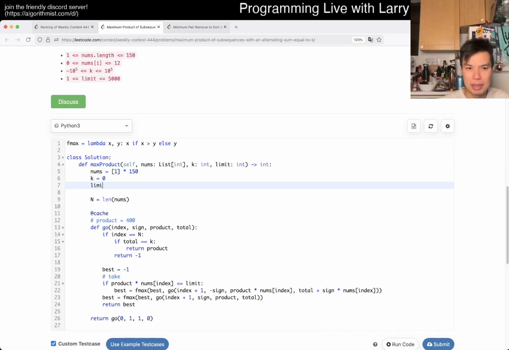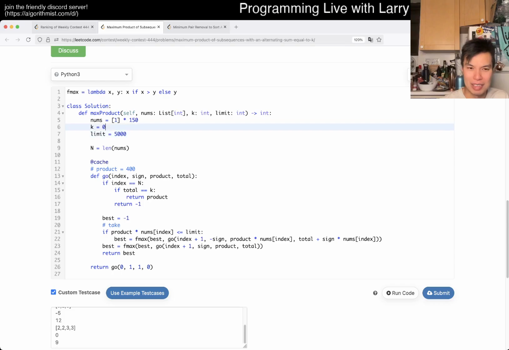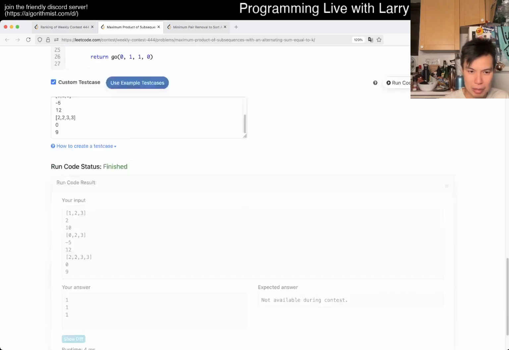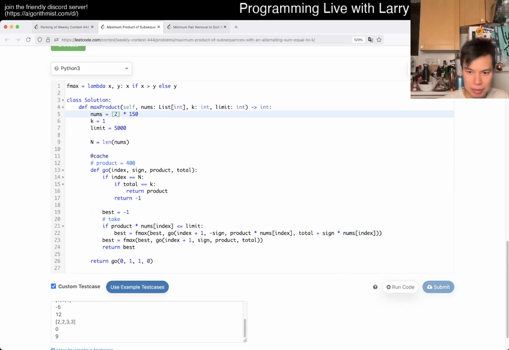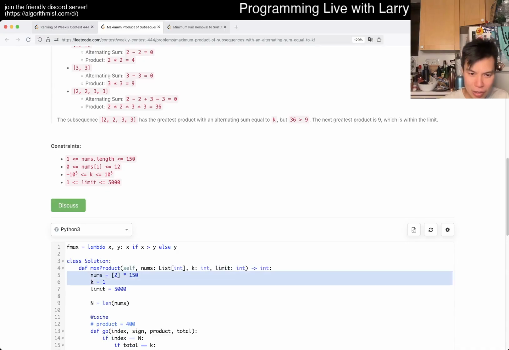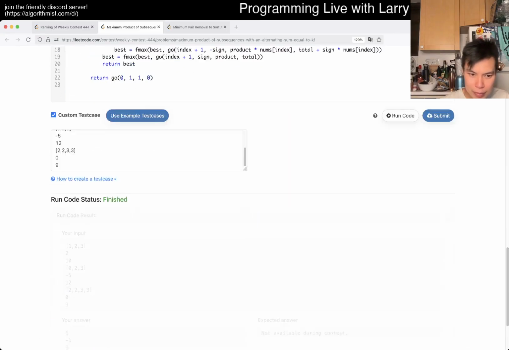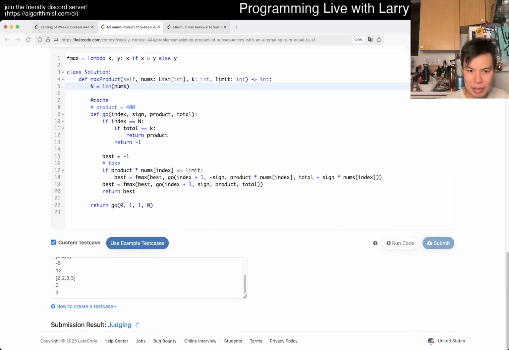So alright, limit is equal to 5,000. Is that fast? That is fast, but I don't know if that's the right thing to do. Let's just say a K that's not possible. So we explore all the states, but that's because all the products are the same, right? So maybe we have 2 or something. 2 is still pretty fast. Okay, I mean, I don't know. That's YOLO. If not, then they'll hopefully give us a case that we can use.